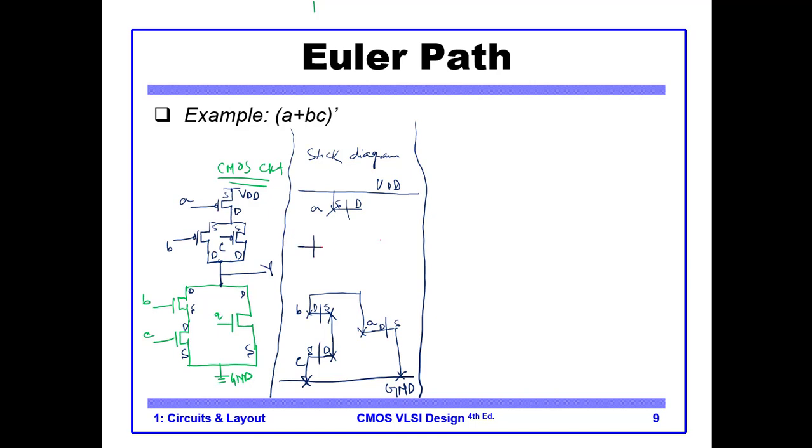So we have two more transistors, B, this transistor B, and this is C. Yes, this is C. So now the source of B is connected to the drain of, so this is our source, this is our source. Okay, so these sources are connected and then they are connected here.